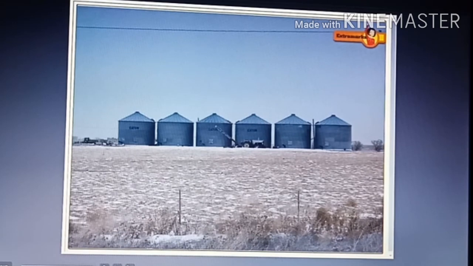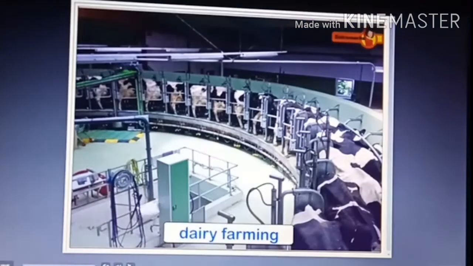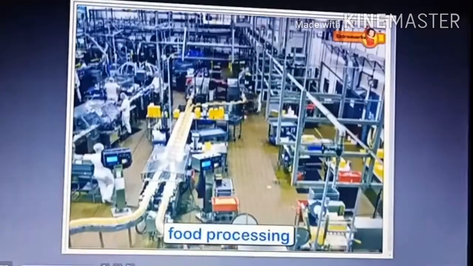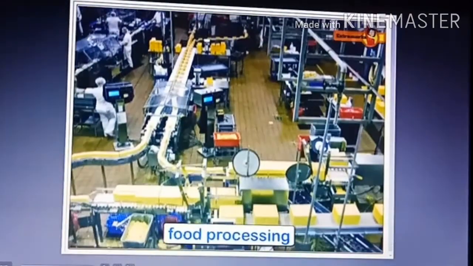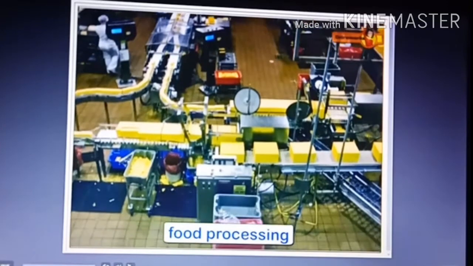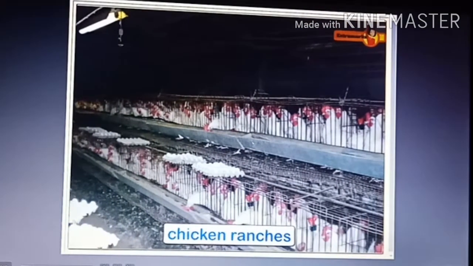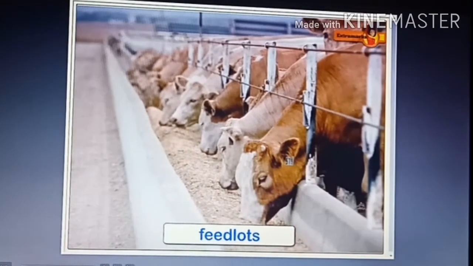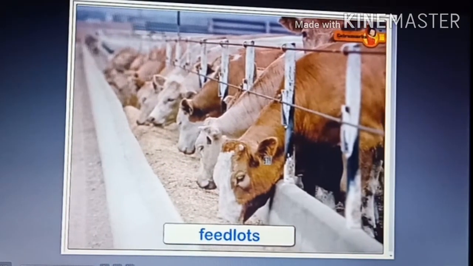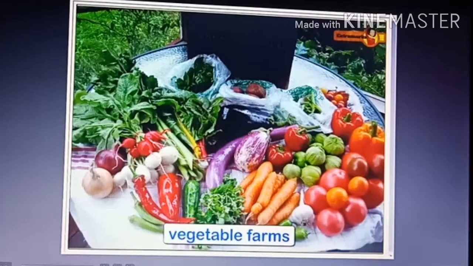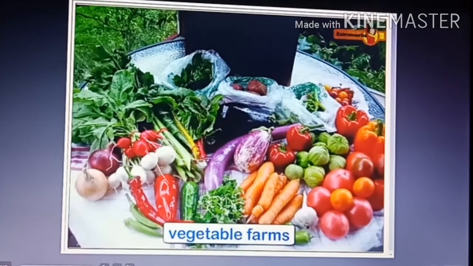Therefore, this area is known as the granaries of the world. Dairy farming, food processing, chicken ranches, feedlots, and huge vegetable farms are major industries of this region.